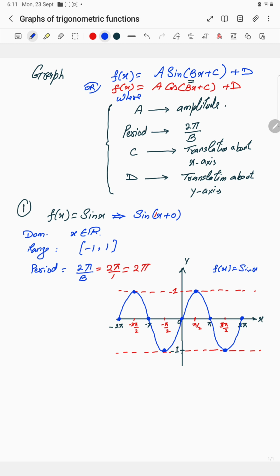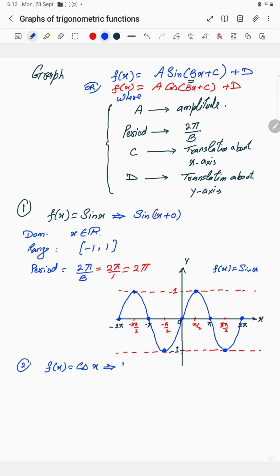We drew this graph over here. I hope it is clear. So this is simple; even in O levels we have done this. Now let's go for the other case. The second case is about f of x equal to cos of x.